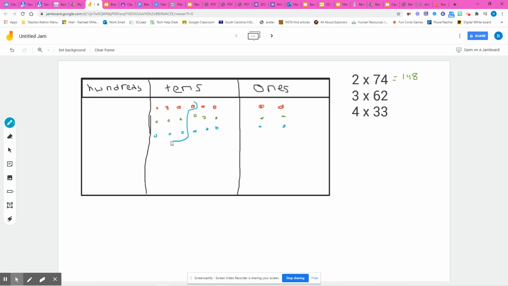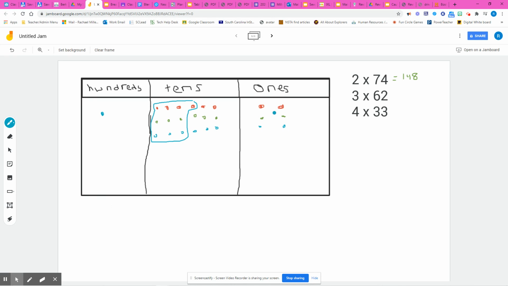So let's take this group right here of my 10 tens and cash it in for 100, because 10 times 10 equals 100. How many do we have left? 1, 2, 3, 4, 5, 6, 7, 8. Okay, so this is not enough for another 100. So we're going to leave it there for now.